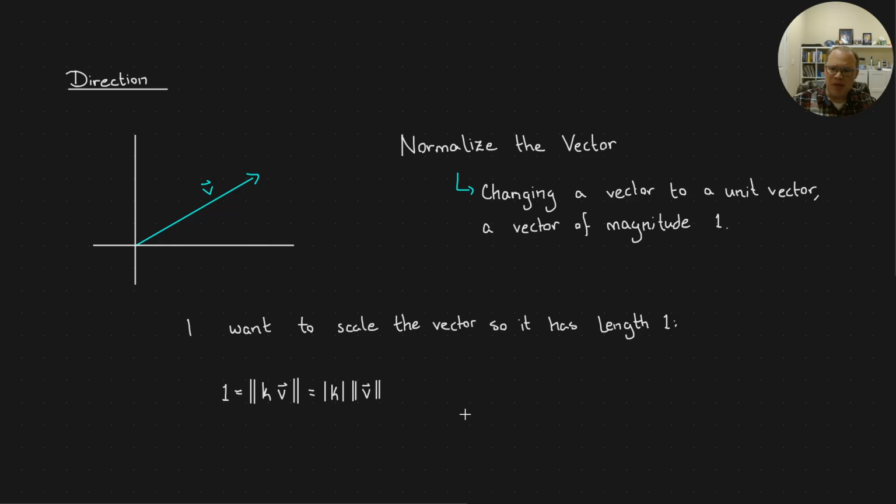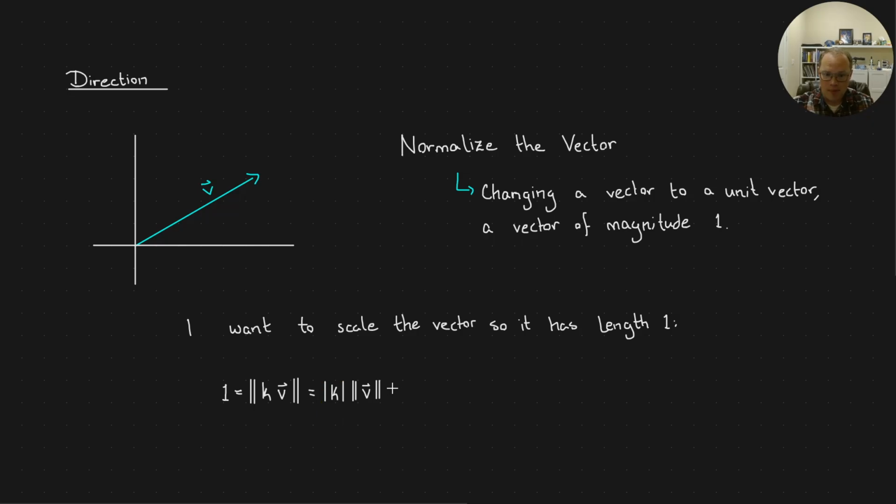And because we want to normalize the vector, we really want it to be pointing in the same direction, not the opposite direction. If the scalar is negative, that's going to cause the scaled vector to point in the opposite direction, to flip around, right? We want it to be pointing this way, not in the exact opposite direction. So that means if we want it to be pointing the same direction, k should be positive.